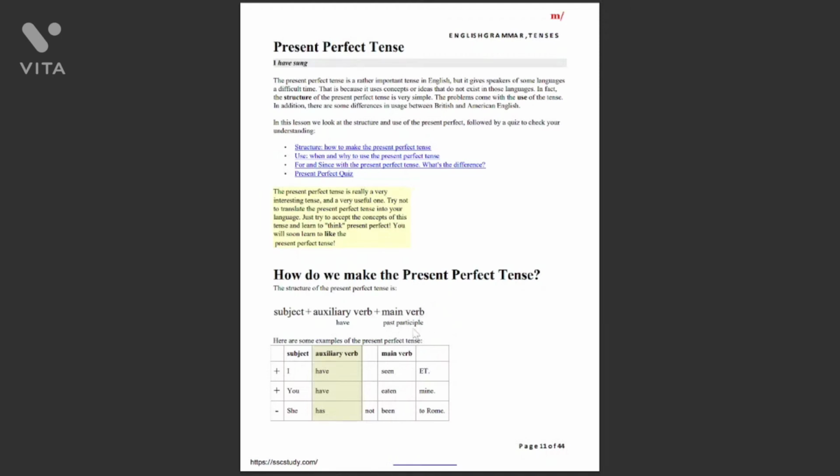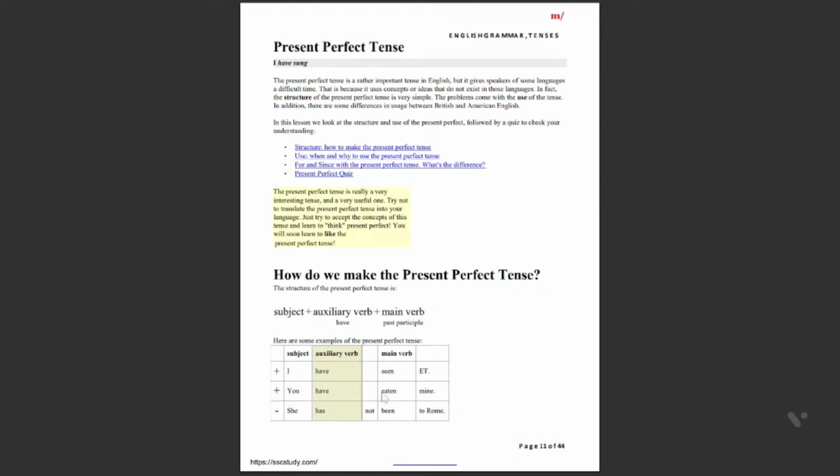Here are some examples of the present perfect tense. Let us see positive sentences: I have seen ET. Here the auxiliary verb, the helping verb, is have, and the main verb is seen. See, saw, seen.